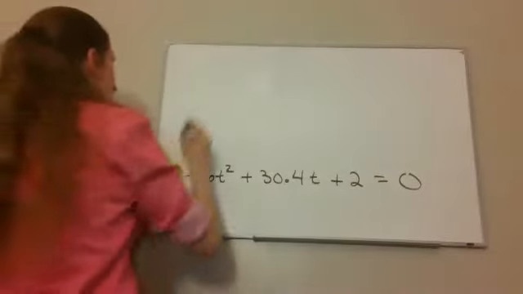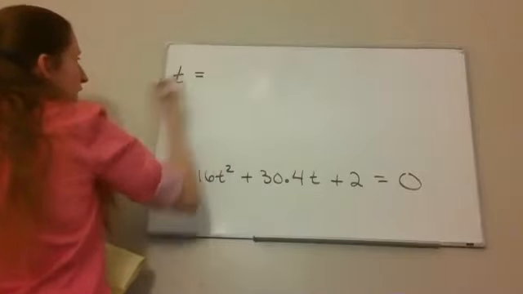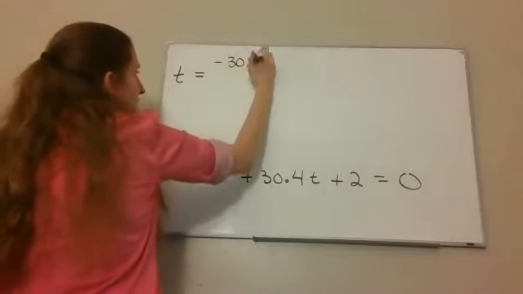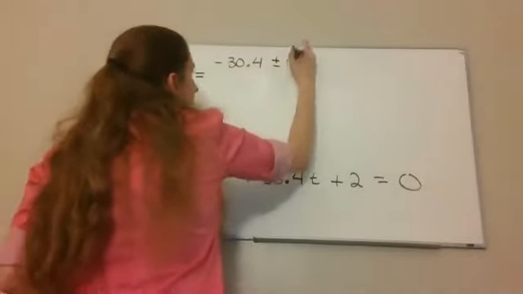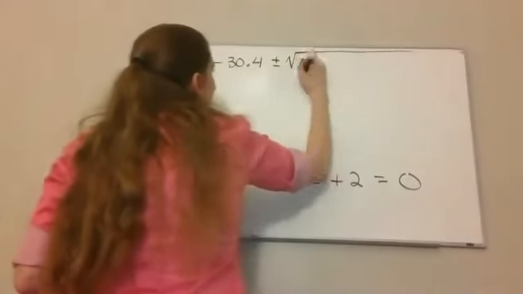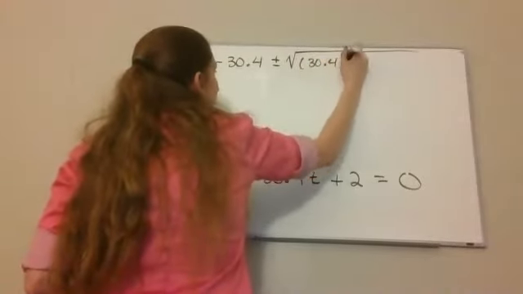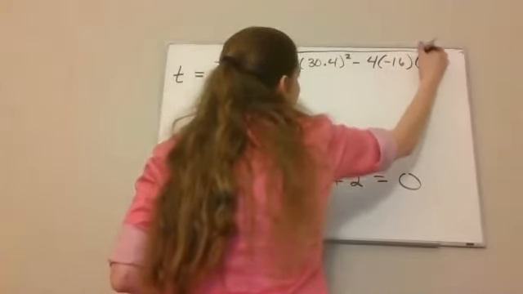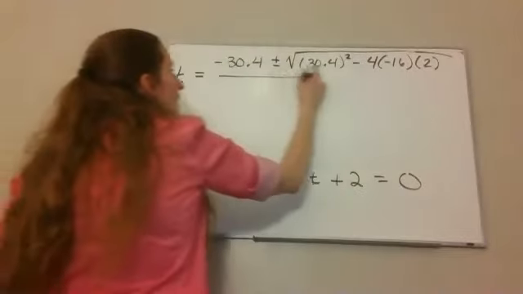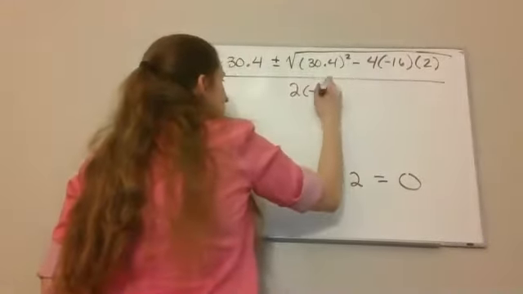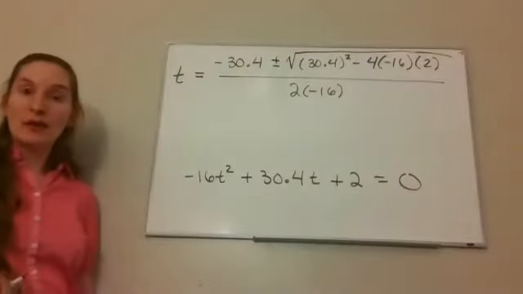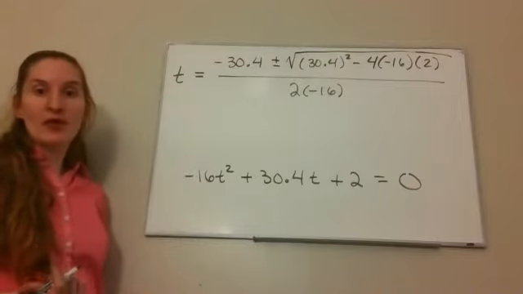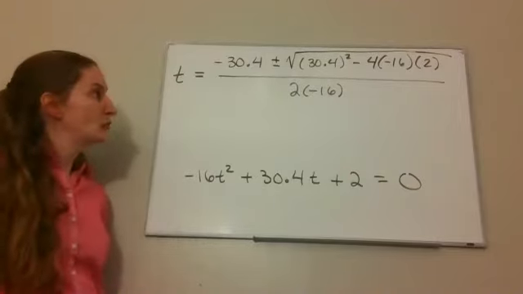So we want to solve this using our quadratic formula. T equals the negative b plus or minus square root of our b squared minus 4 times our a times our c, all over 2 times our a. So I just used my quadratic formula with a equals negative 16, b equals 30.4, and c equals 2.